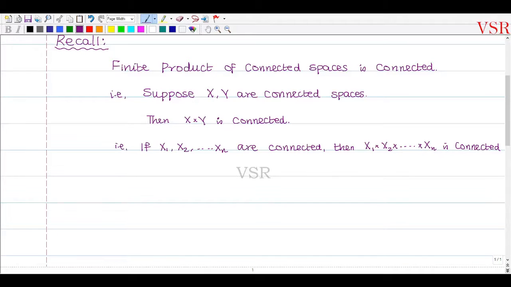But what about the infinite case? The question is: what about the infinite product?